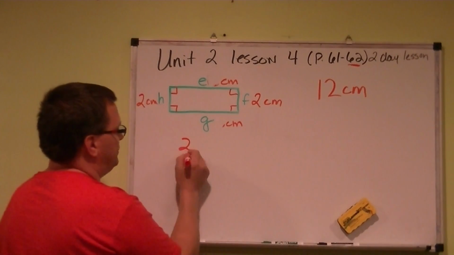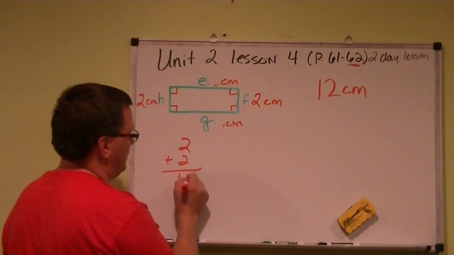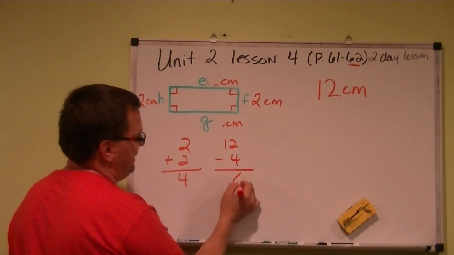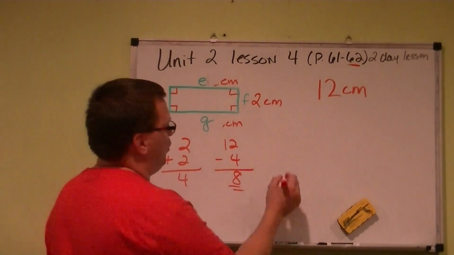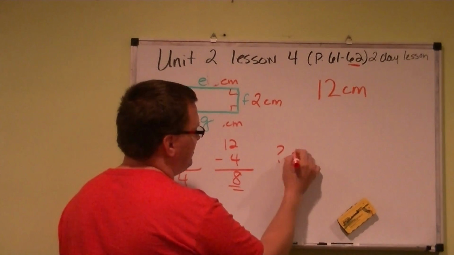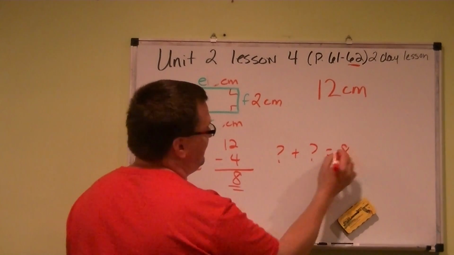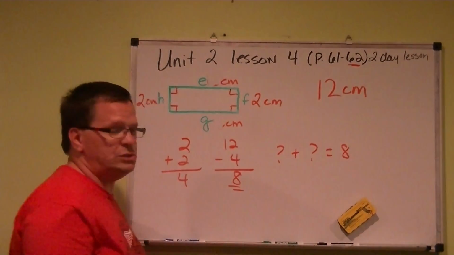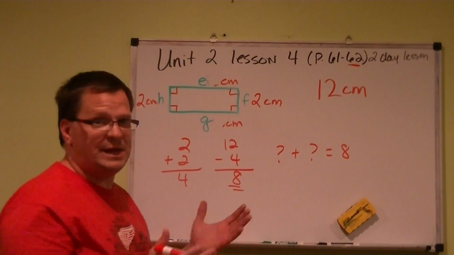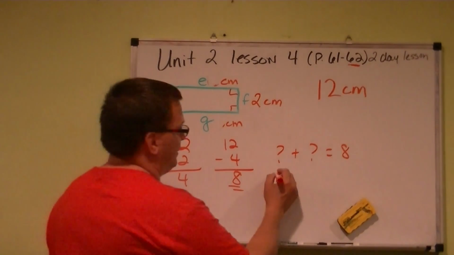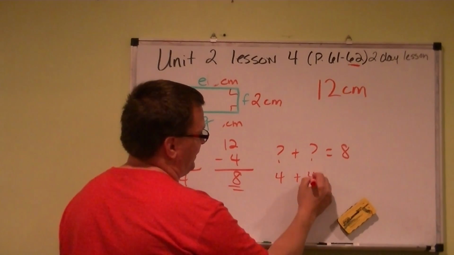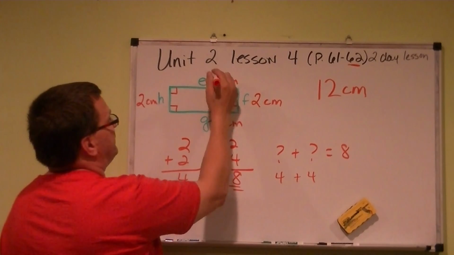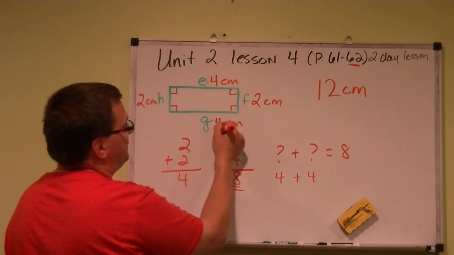So 2 plus 2 is 4. 12 minus 4 equals 8. So now what plus what will equal 8? They have to be equal, so you can't say 6 plus 2, because 6 and 2 are not equal. But a 4 could go here and a 4 could go there. 4, 5, 6, 7, 8. So that would work. So that answer would be 4 and 4.